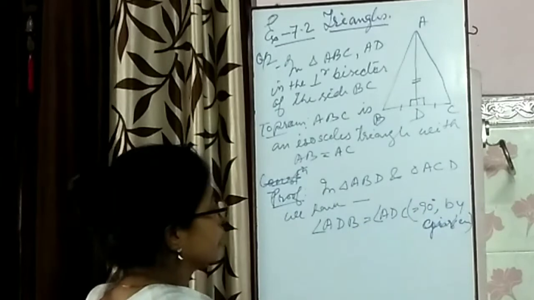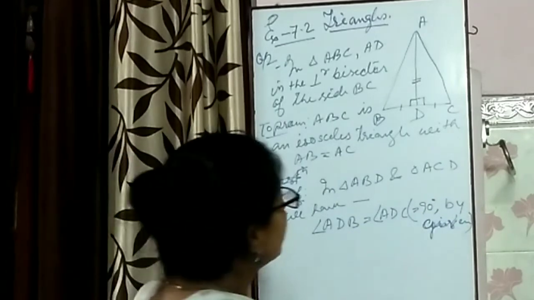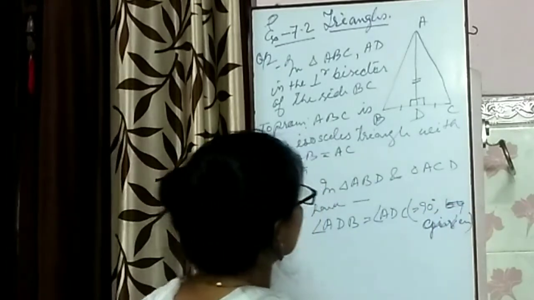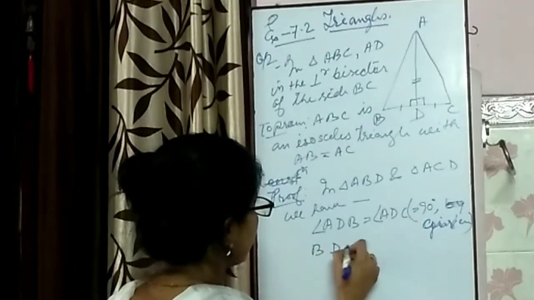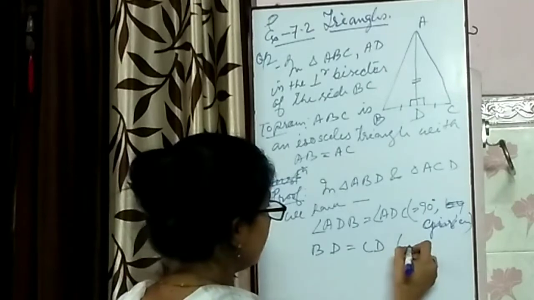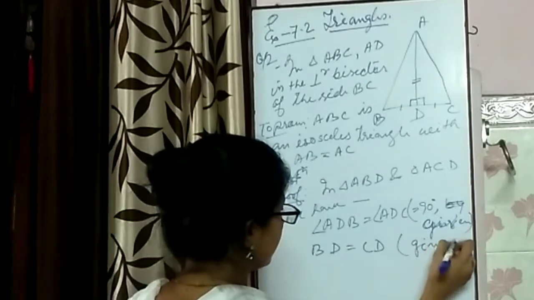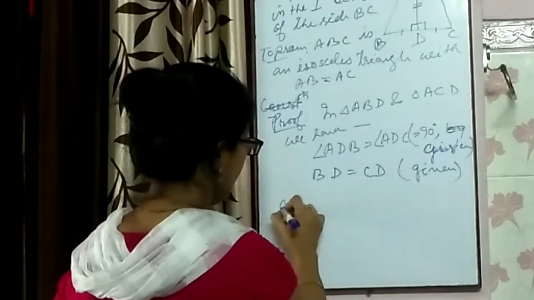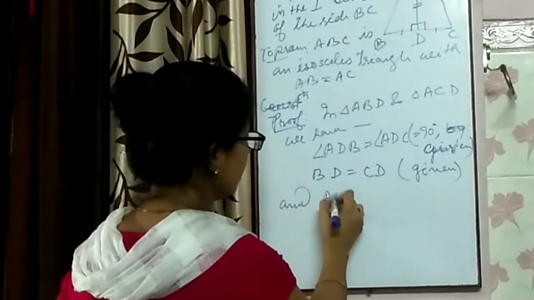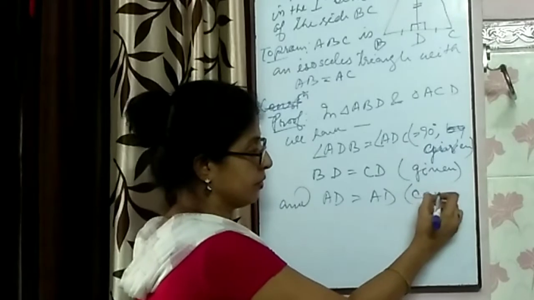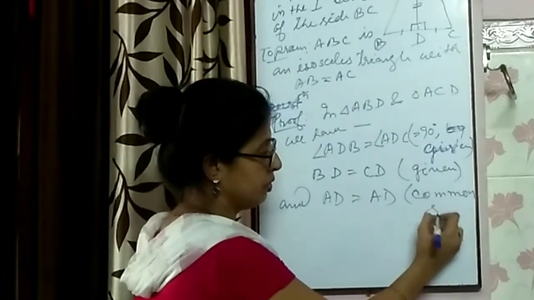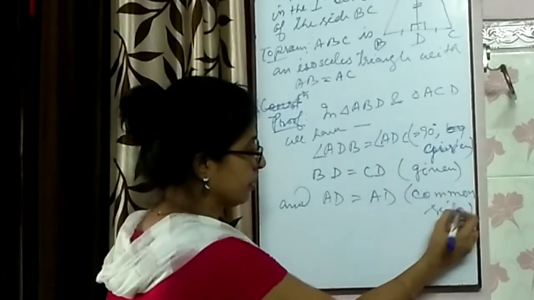Simply you write given. And BD is equal to CD, this is also given, and the last point AD is equal to AD, that is a common side.